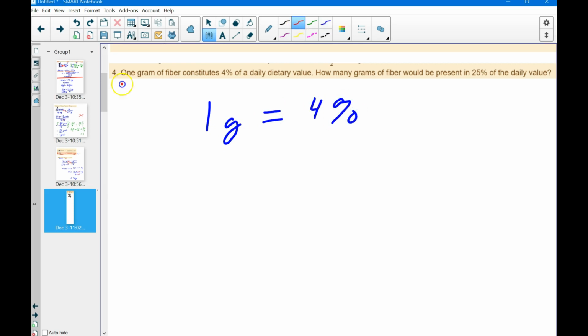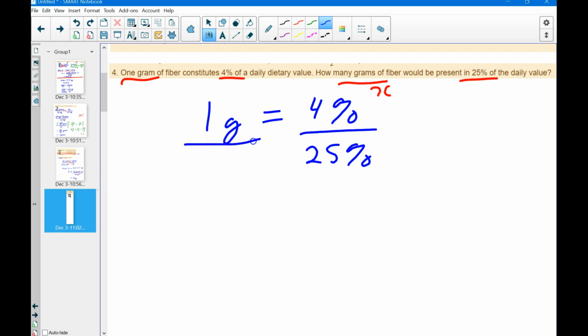The numbers right here, 1 gram, 4%. So how many grams, which is our x, and 25%. We keep our percents together, and we have 25%, and over here we have an x. You can see we're all set up again.